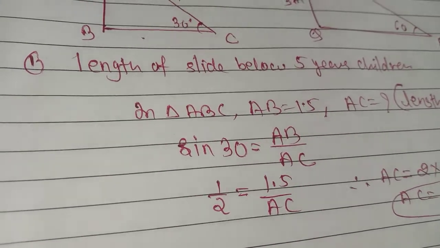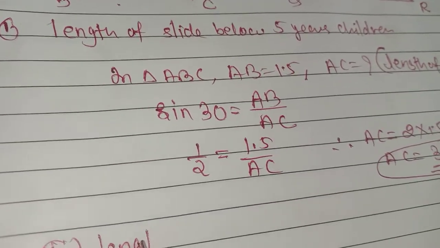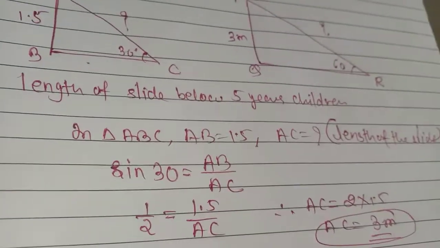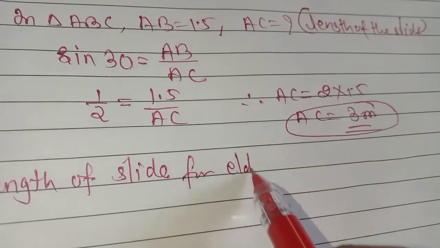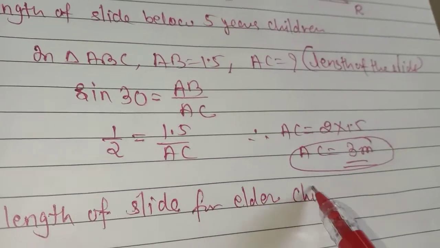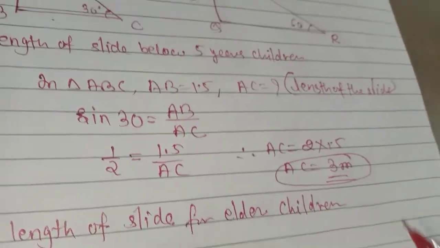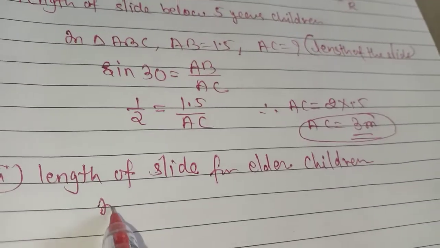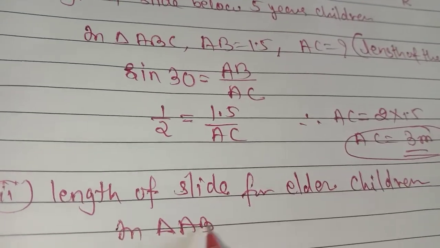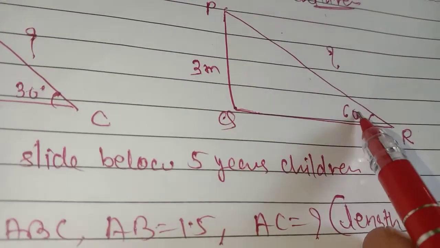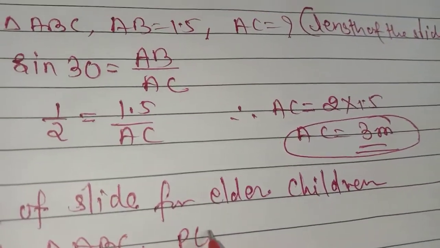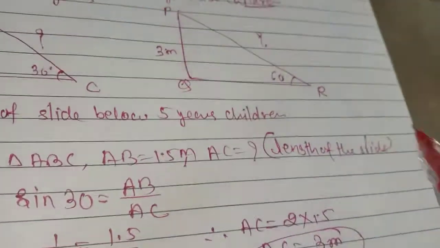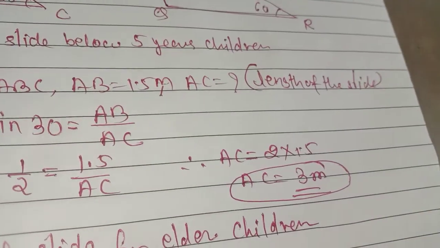Okay. And second part, length of slide for elder children, elder ones. So for elder children we have in triangle PQR, it is given that PQ is equal to 3 meter and we don't know PR.